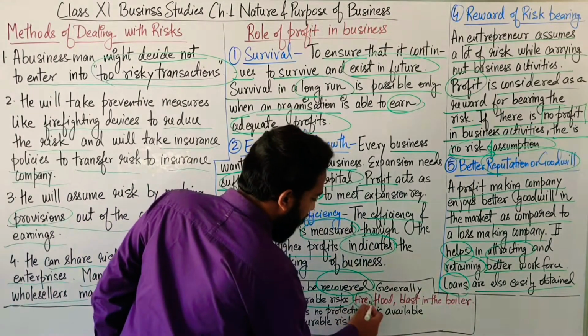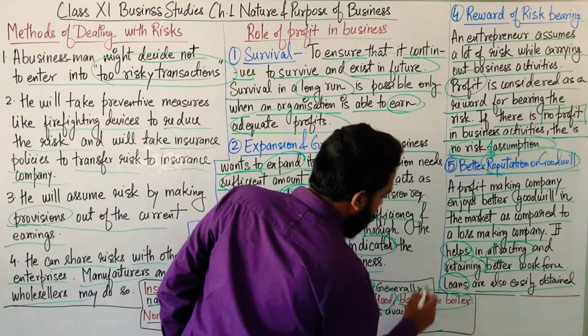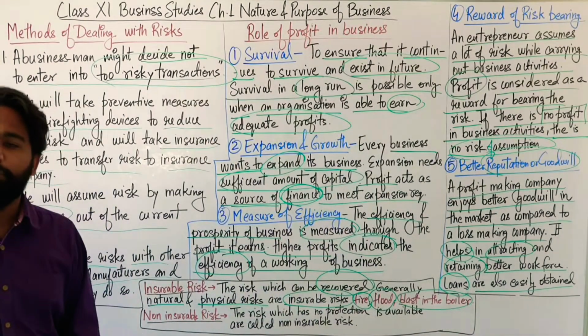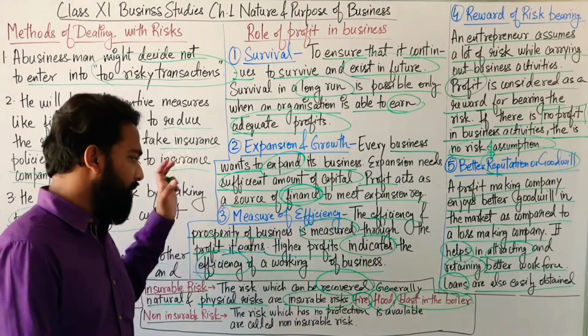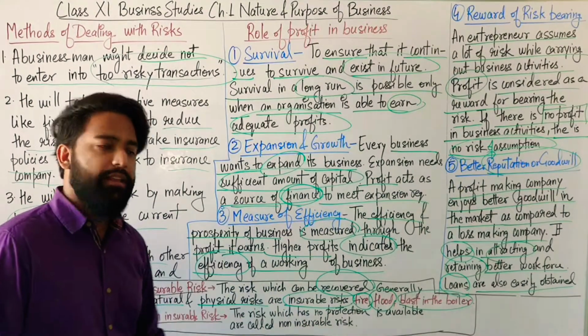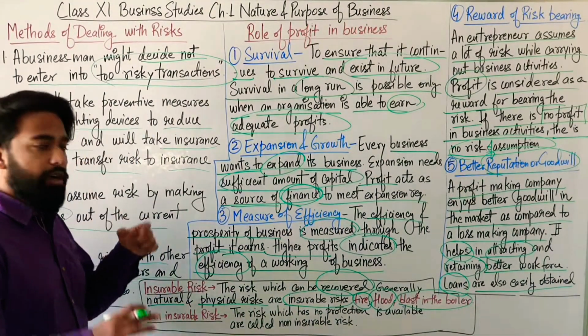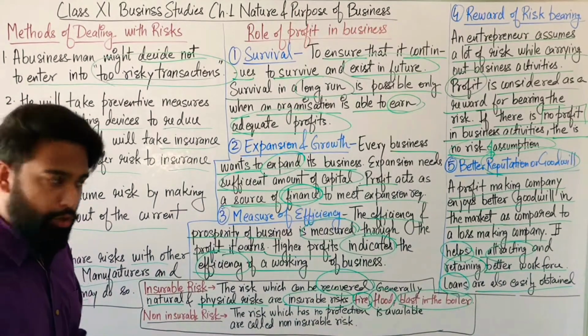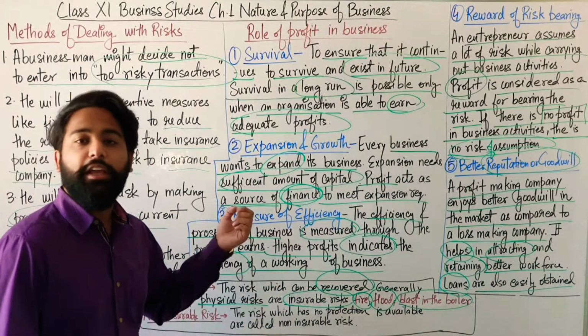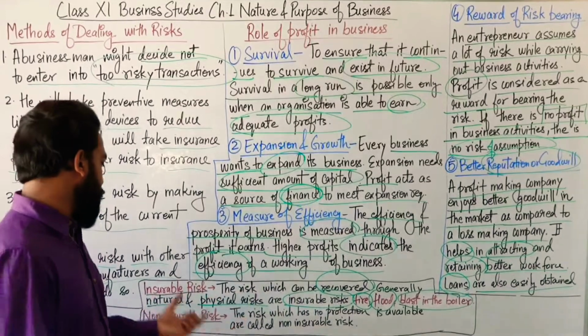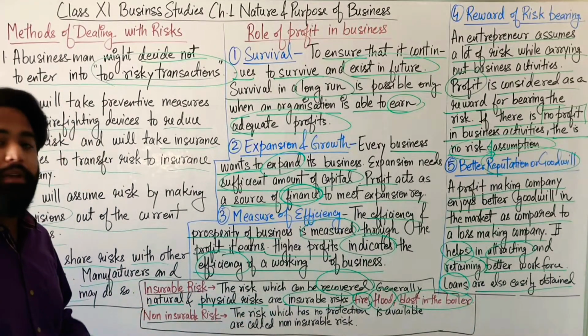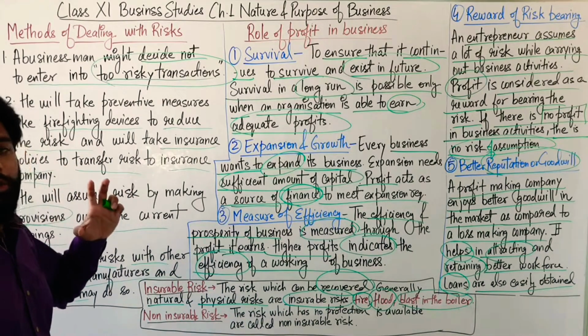Those risks are fire, flood, or a blast in the boiler, or some damage to the machinery. If such things happen, then those risks can be insured, and those risks are called insurable risks, students.